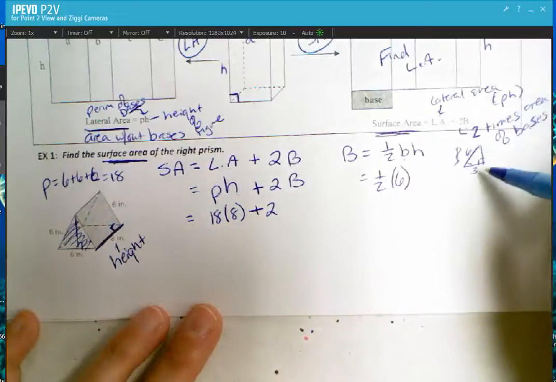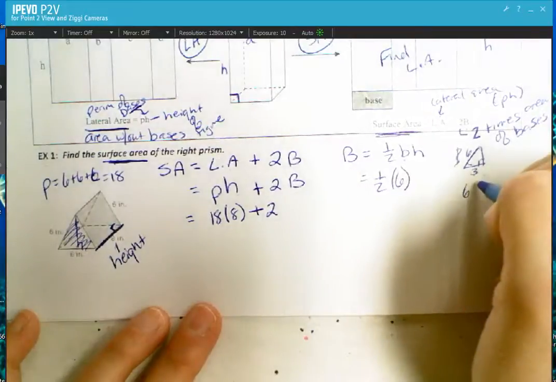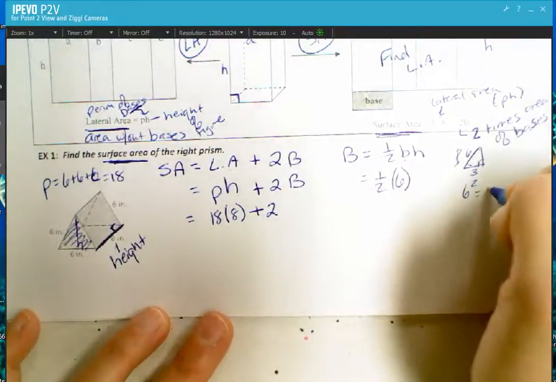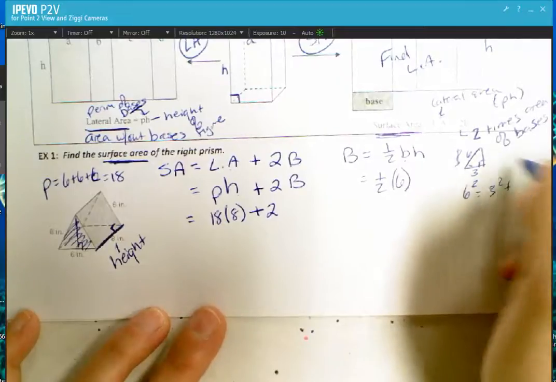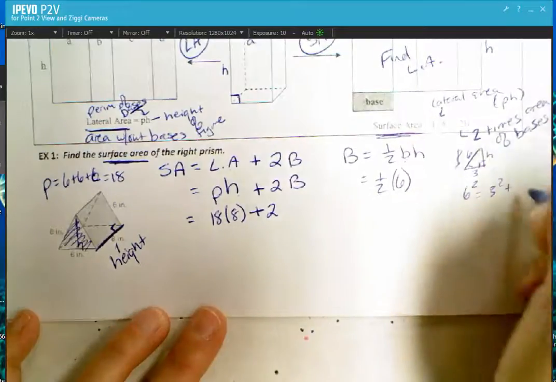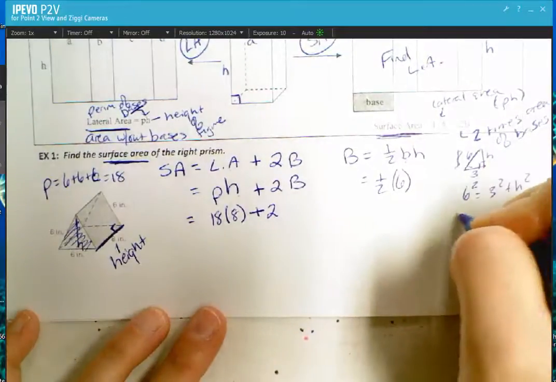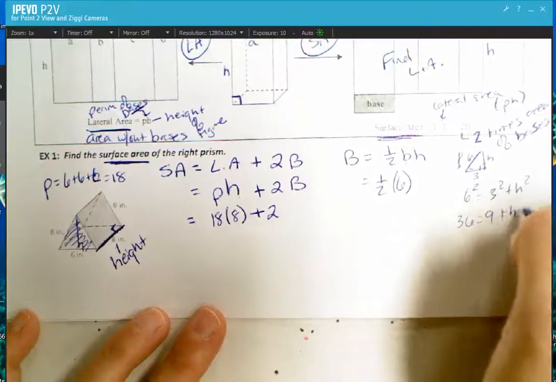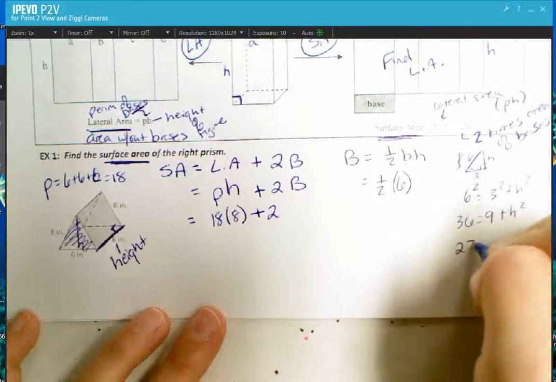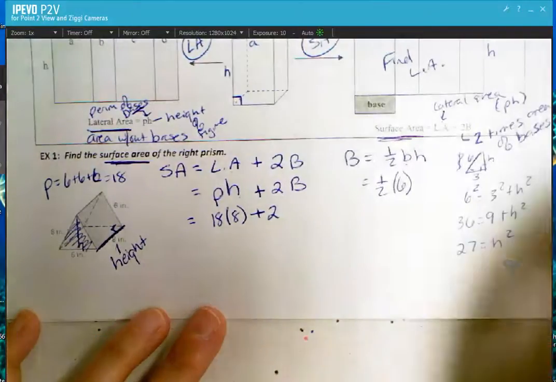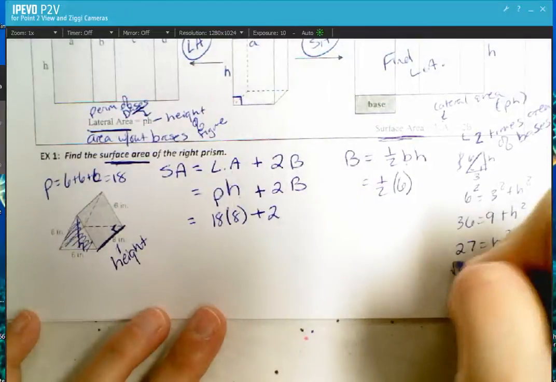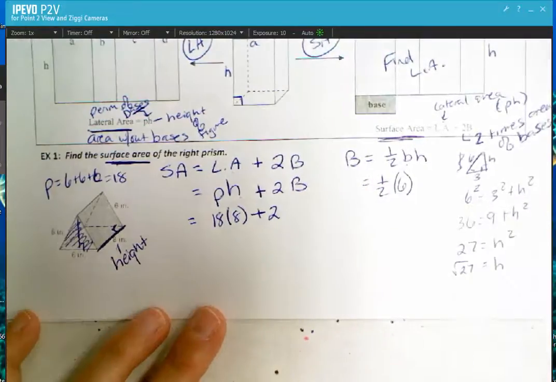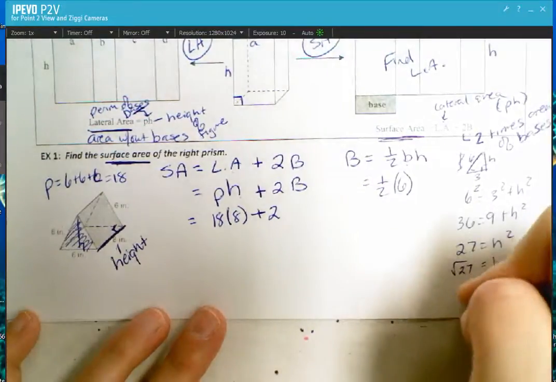I have the hypotenuse and a side, so I should use Pythagorean theorem. 6 squared equals 3 squared plus, I'm going to call that the height that we're looking for, h squared. 36 equals 9 plus h squared. 27 equals h squared. H is equal to the square root of 27. We simplify that and find that it's 3 rad 3.